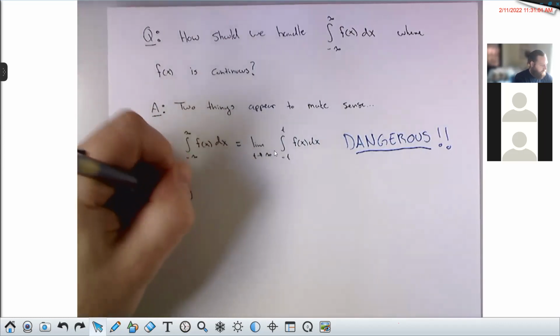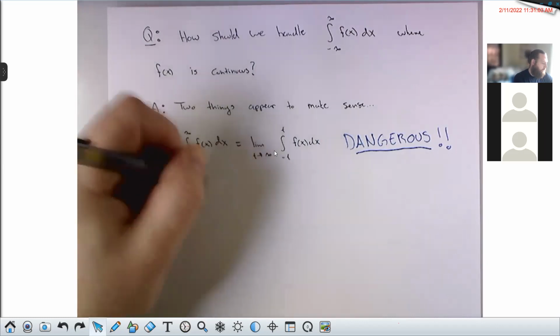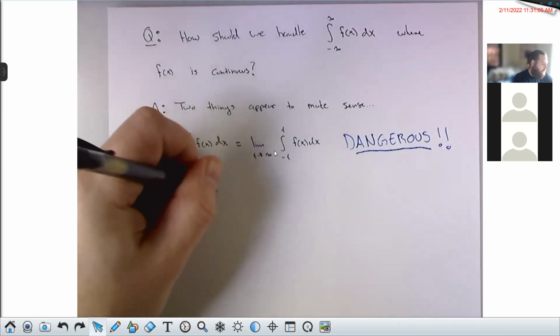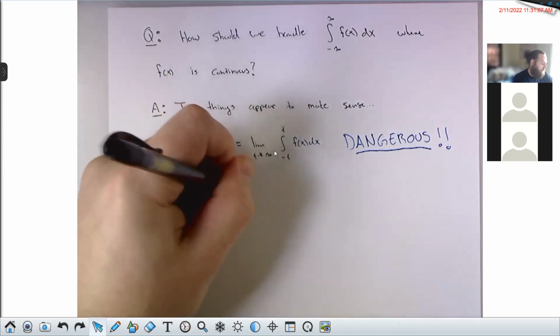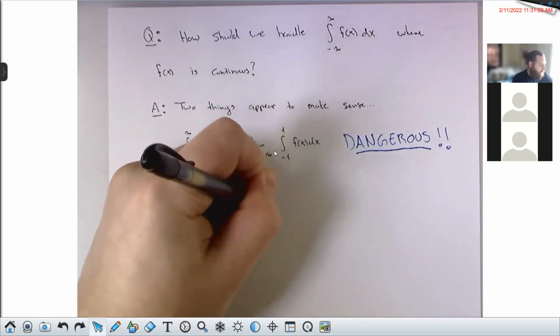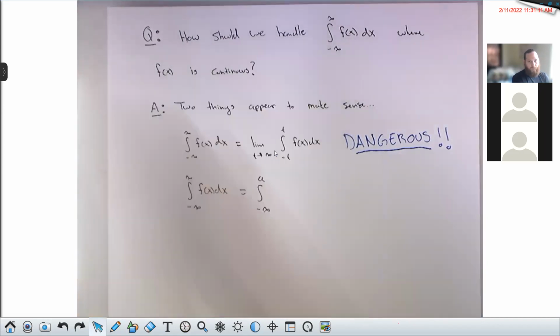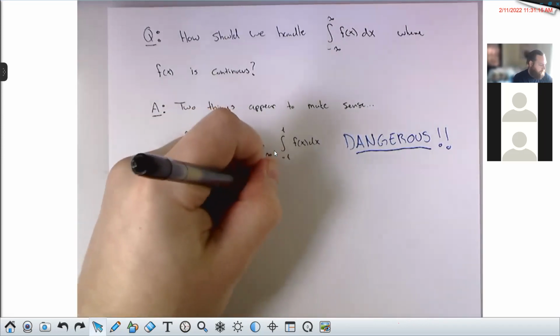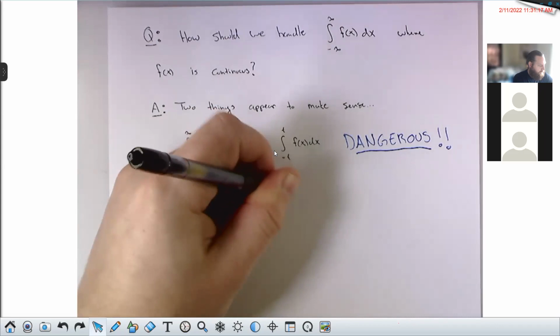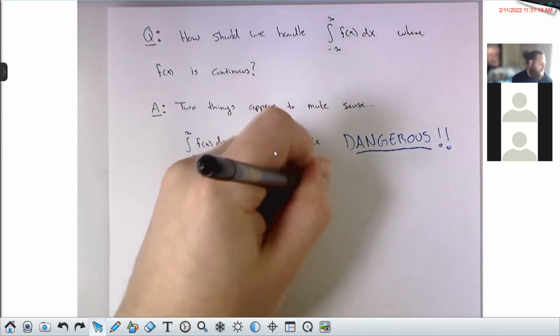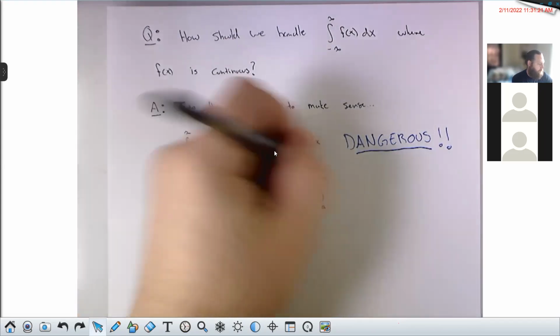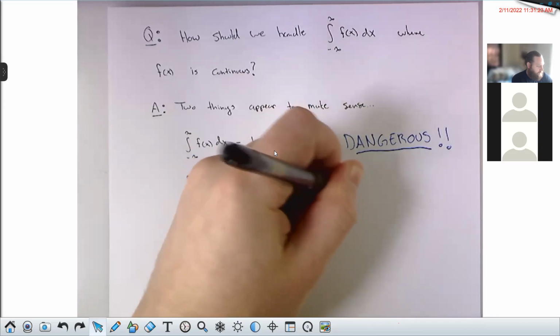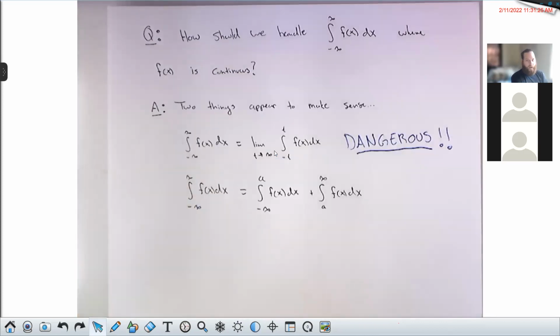The correct way to do this is to write the integral from negative infinity to infinity of f of x dx first as the integral from negative infinity to somewhere. You can pick where. Usually we use 0, but it could be anywhere else. It doesn't matter, just some finite number, f of x dx, plus the integral from that same somewhere to positive infinity of f of x dx. And then treat each of those separately using their own variable.